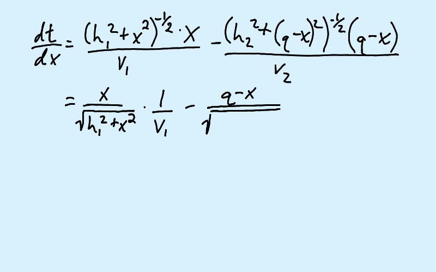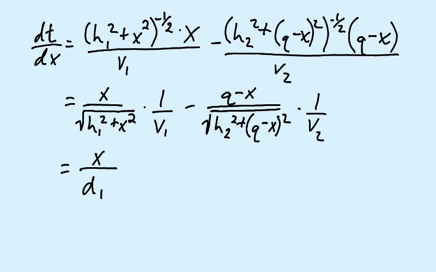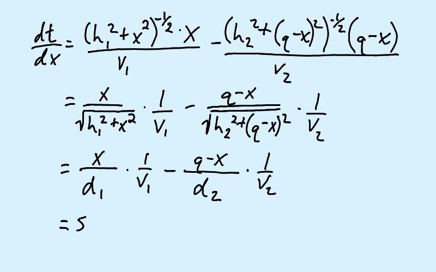And I can do a similar thing with the second term, with the q minus x over square root of h2 squared plus (q minus x) squared, and then, of course, times 1 over v2. Now I'm setting this up to substitute my d1 and d2 back into this equation. Now at this time you might wonder why I want to substitute d1 and d2 back into the equation. And it's so that I can put sine theta 1 and sine theta 2 into this derivative.